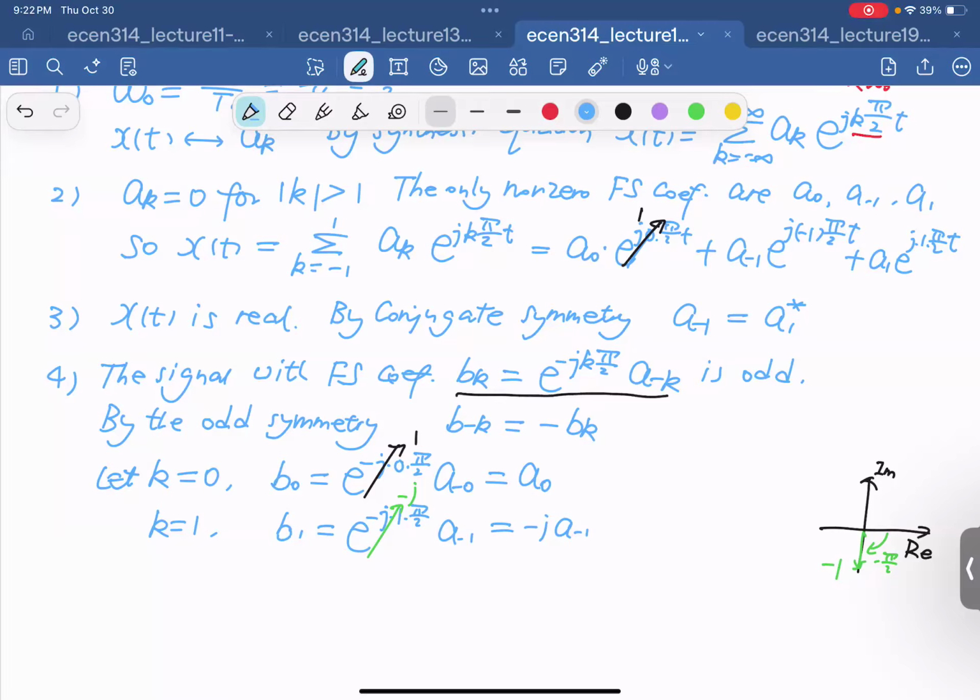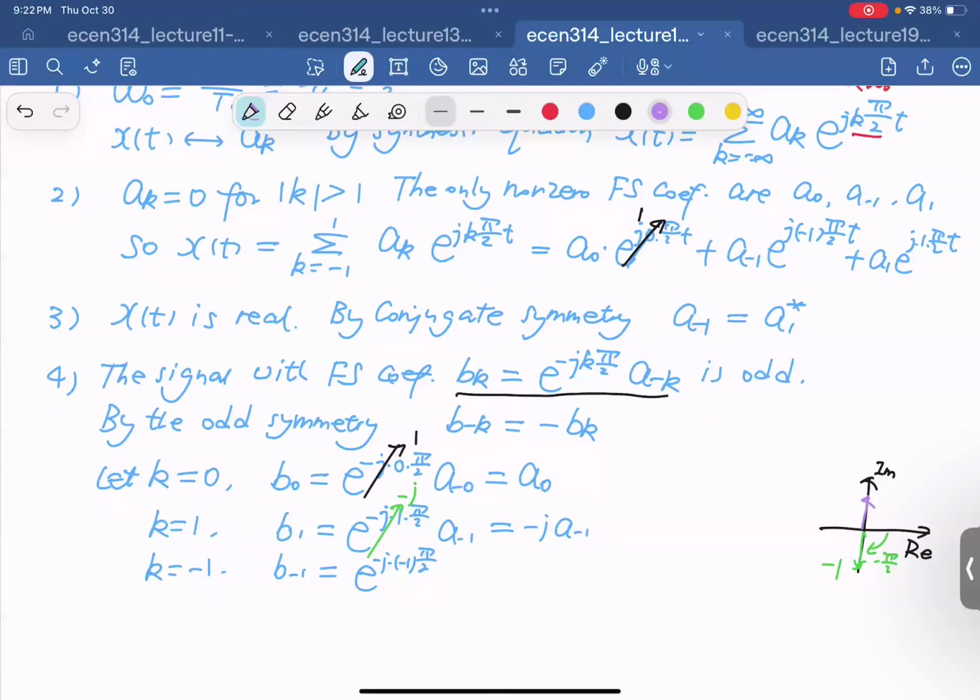It says that we can also let k equal to minus 1. And then we end up having b sub minus 1, and that's e to the minus j times minus 1 half pi, which is j half pi. That is this signal.